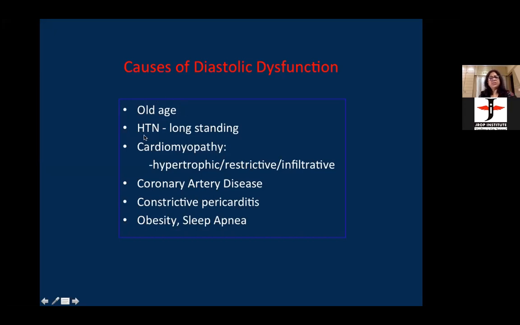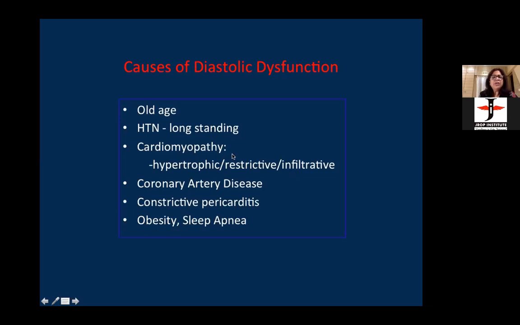Second cause is the long-standing hypertension. As happened in our case, that was a patient of long-standing hypertension. That will result in the changes in the myocardium because of the thickening of the myocardium. Also, the cardiomyopathy of different causes like hypertrophic cardiomyopathy, restrictive cardiomyopathy, infiltrative cardiomyopathy.